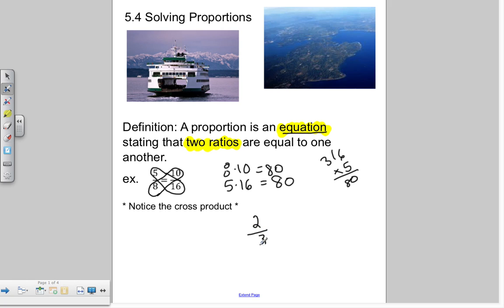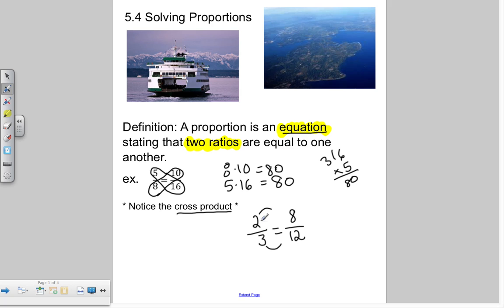If I have 2/3, and I'm making another ratio or another fraction that's equal to 2/3, let's multiply it by 4. So times 4 would give me 8. Times 4 would give me 12. I know these two fractions are equal. Now let's look at their cross product.